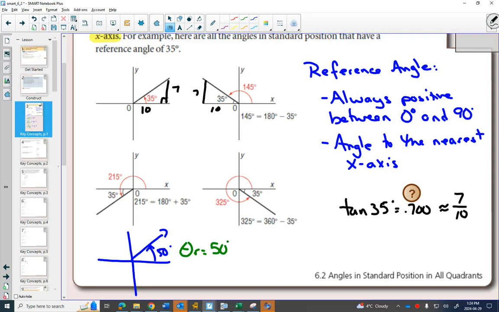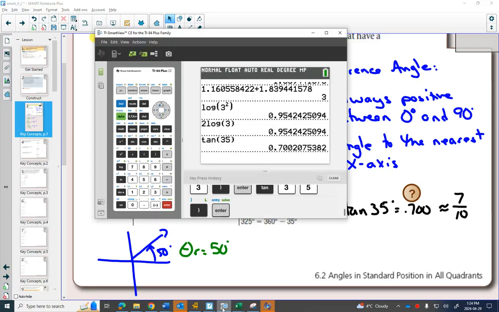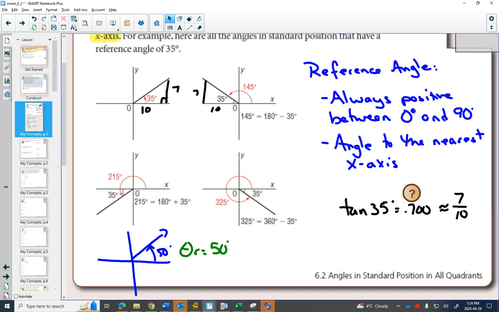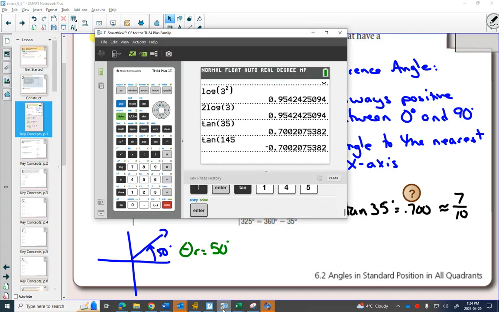And so what our calculator does for us is it says, well, if I type in tan of 145 degrees, watch what happens. I get the exact same number, but this one is negative. Weird. And if I drew this exact same triangle with this reference angle, and I try on my calculator tan of 215 degrees, I get the exact same answer, but this one is positive.